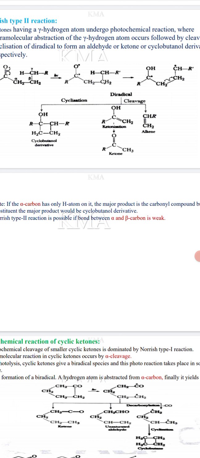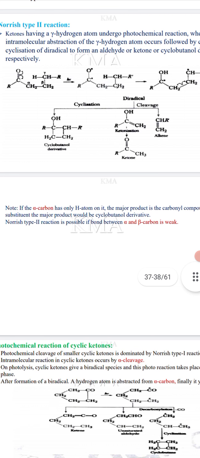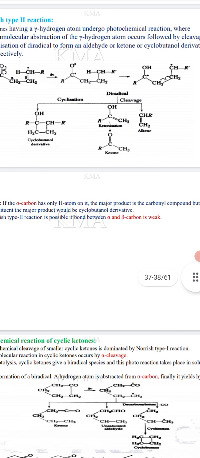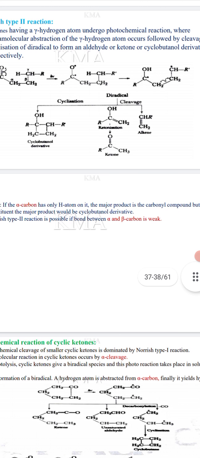This radical which is formed gives rise to RCOH then CH2CH2CHR'.